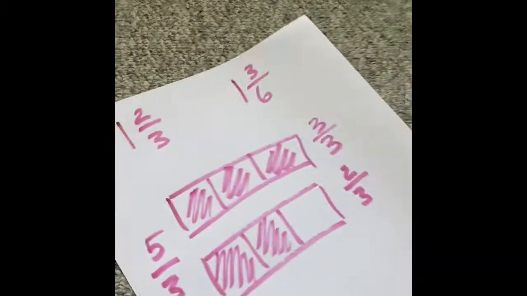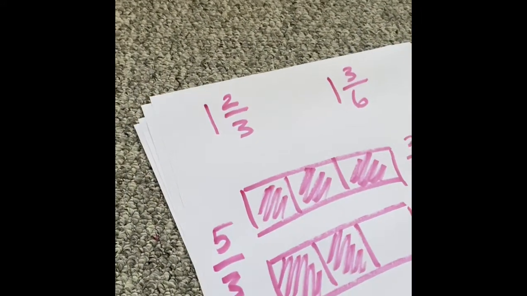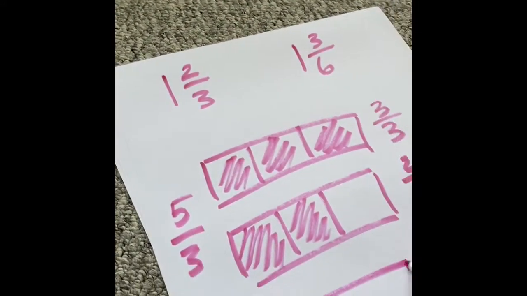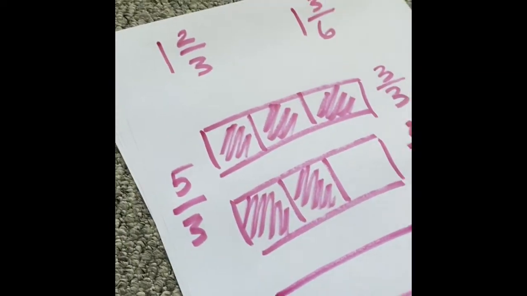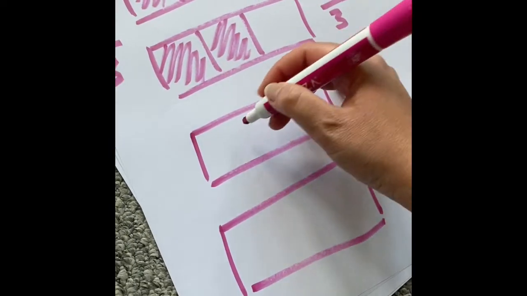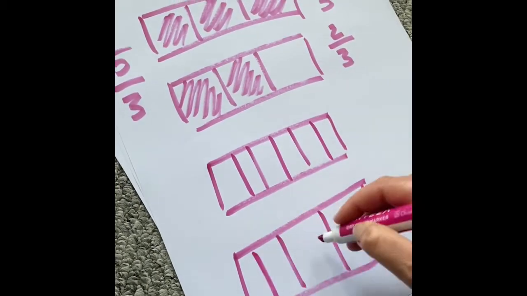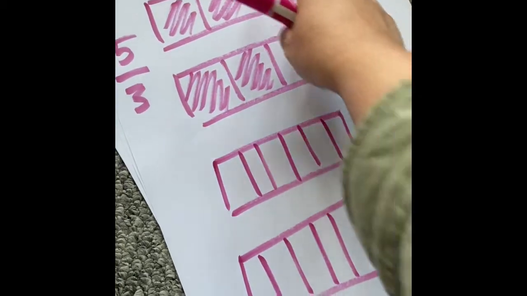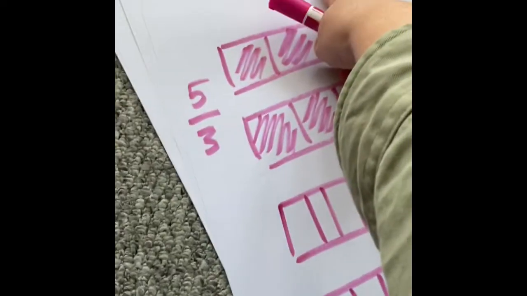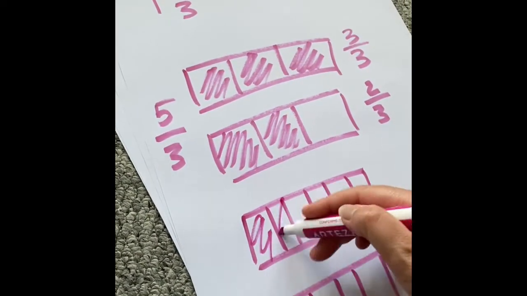Okay, so then we do the same for the 1 and 3/6. Again, our wholes are exactly the same, although they don't look quite the same down here, but they are meant to be. And these are 6ths this time. So I have a whole here, up there. 1, 2, 3, 4, 5, 6.